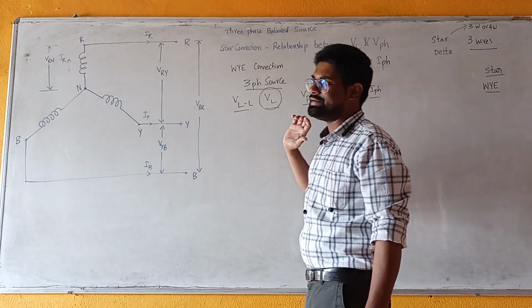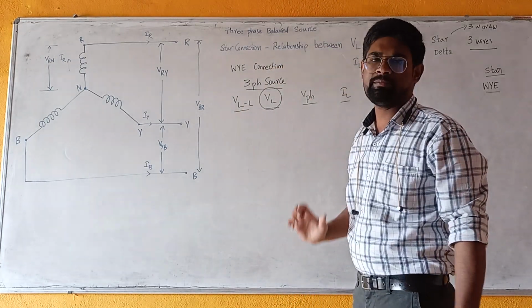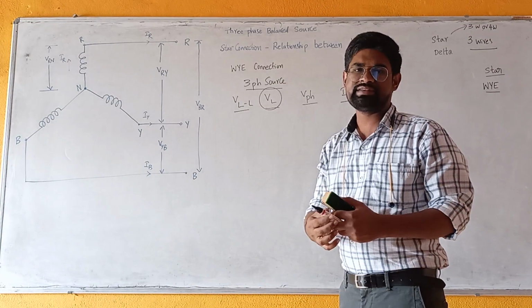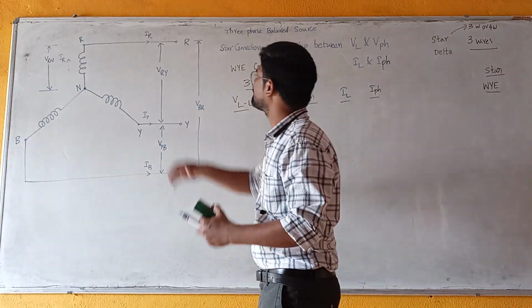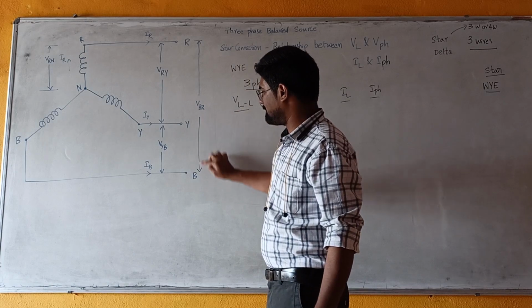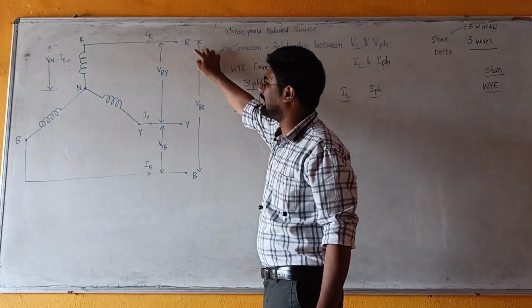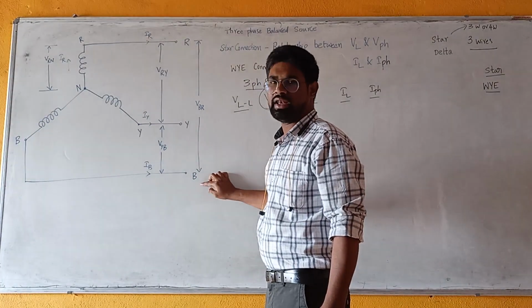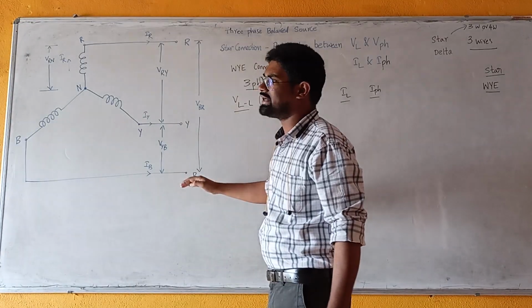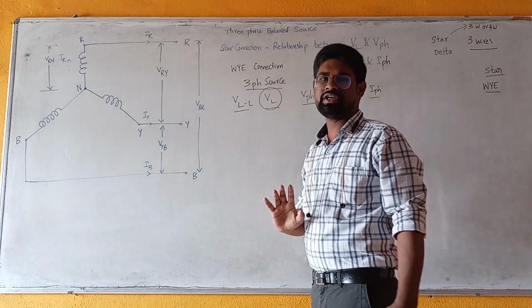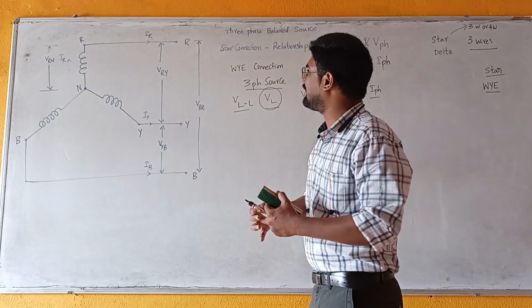RYB means, in the Indian electric system, we use colors red, yellow, and blue for the live wires. This is the color coding used in the Indian system.